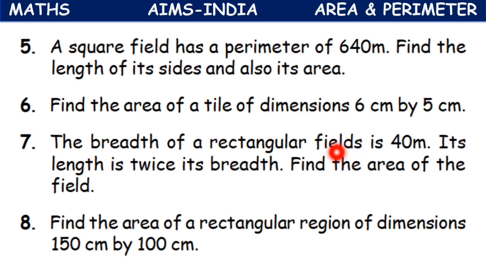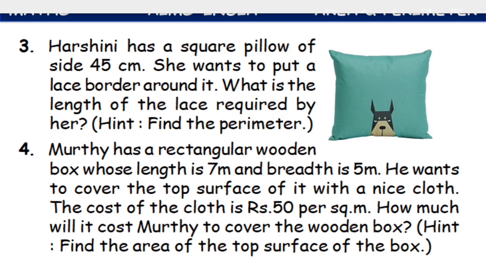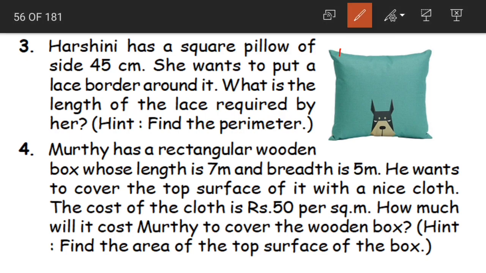Now in the same way, let us look at question number 3. Harshini has a square pillow of side 45 centimeters. She wants to put a lace border around it. Again, the square pillow and a border around it. Around means what should we do?